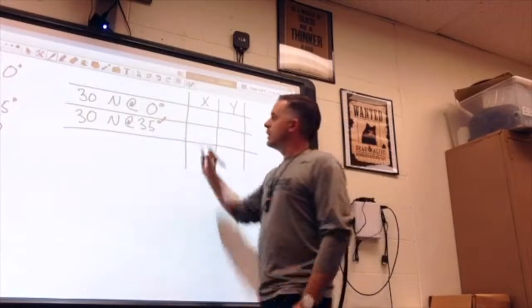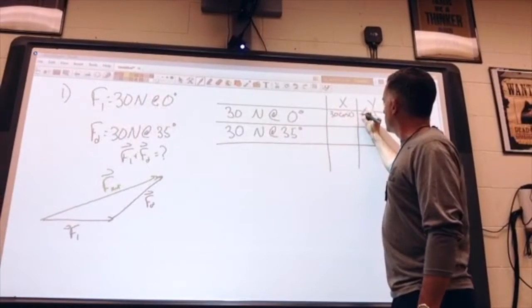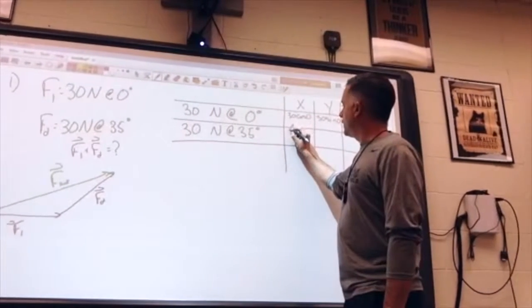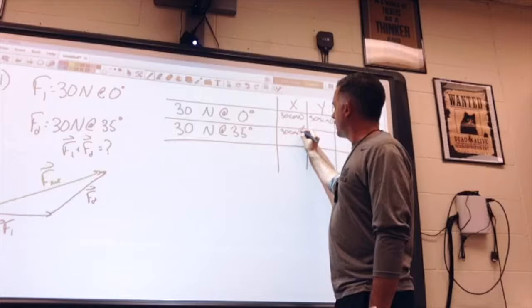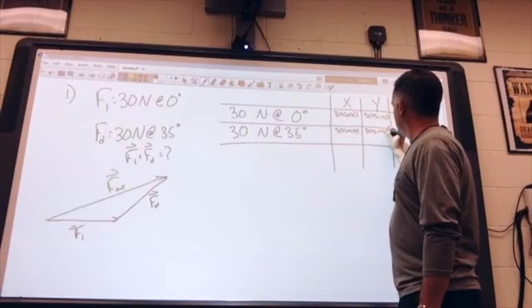Okay. So now, all I'm doing in these boxes is calculating the x and y components of this vector. So this would be 30 cosine of 0, and this is 30 sine of 0. Here's 30 cosine of 35 and 30 sine of 35.